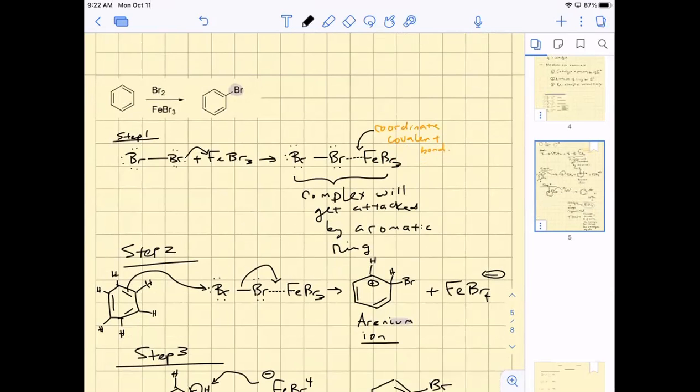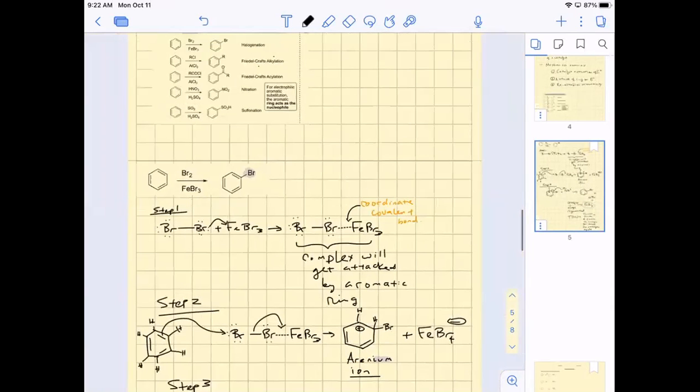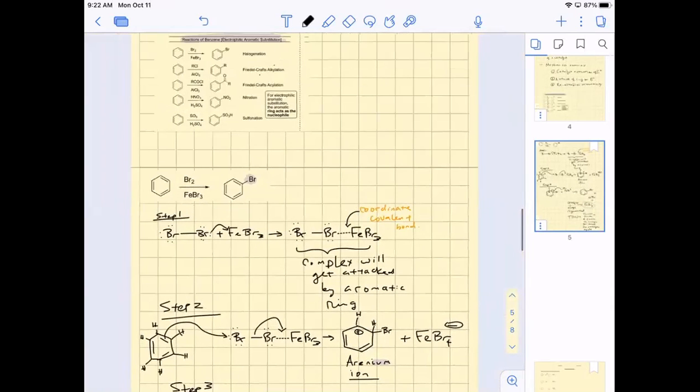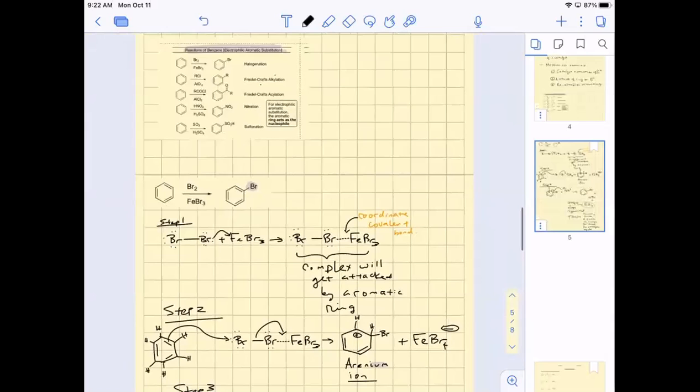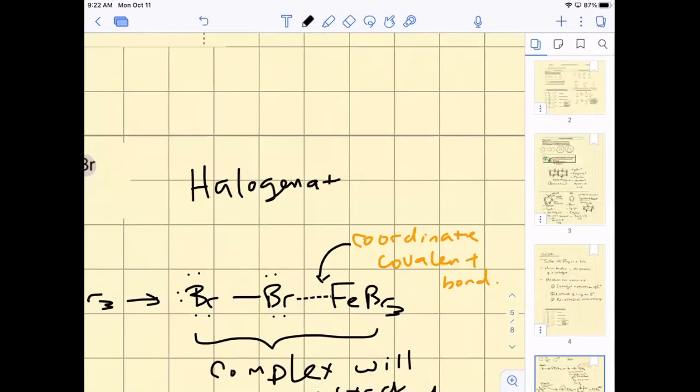And then as far as the double bond, in the first step, does it matter which double bond we use? Nope. They're all equally susceptible unless the ring is substituted. If the ring is substituted, then only certain spots on the ring will be activated for reaction.